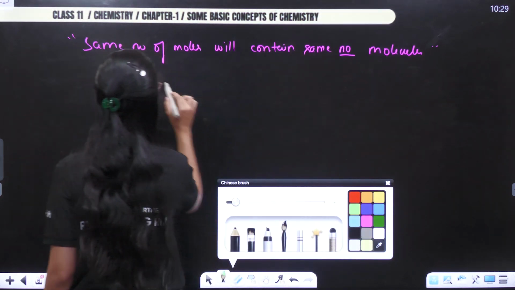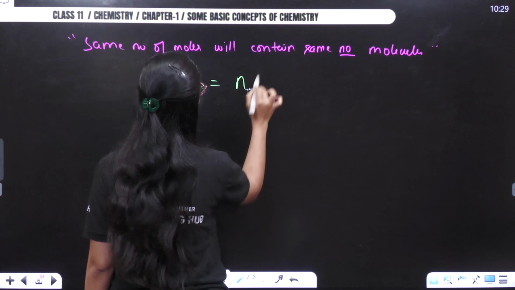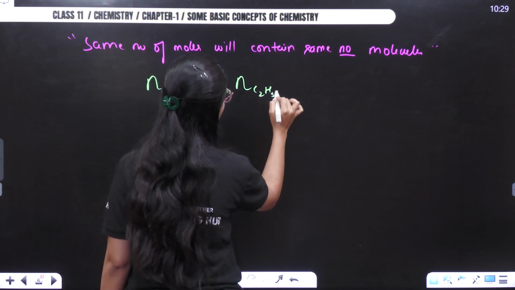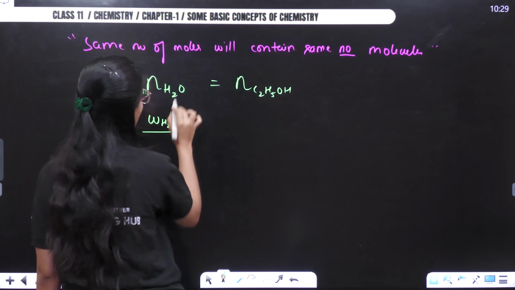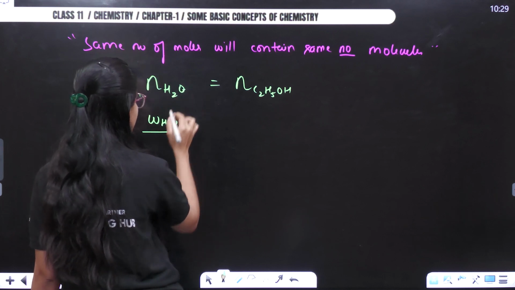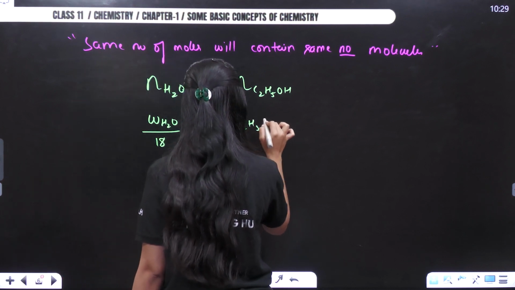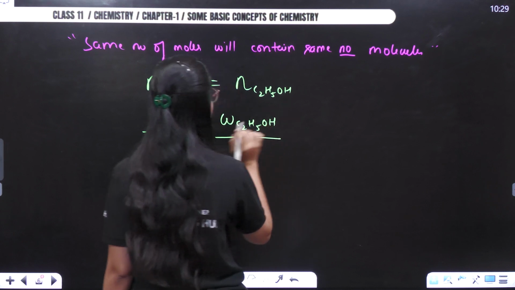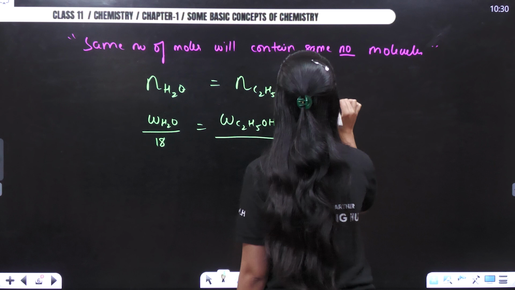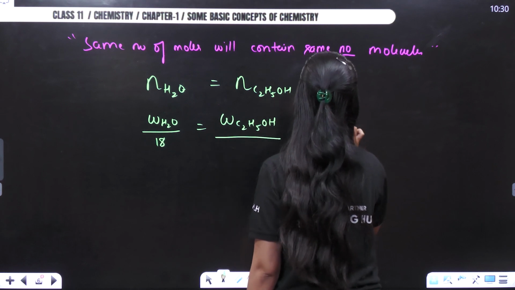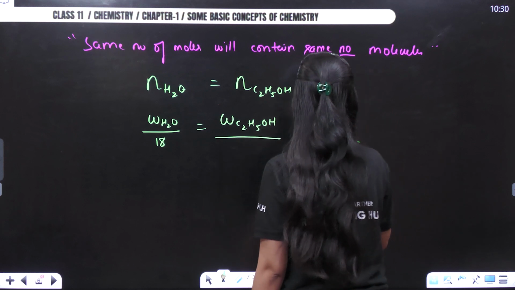The number of moles of water must be the same as the number of moles of ethanol. So it is weight of water divided by molecular mass of water, which is 16 plus 2, 18 grams, and weight of ethanol divided by molecular mass of ethanol, which is carbon 12 into 2 is 24, plus 6, plus 16, that is 46.